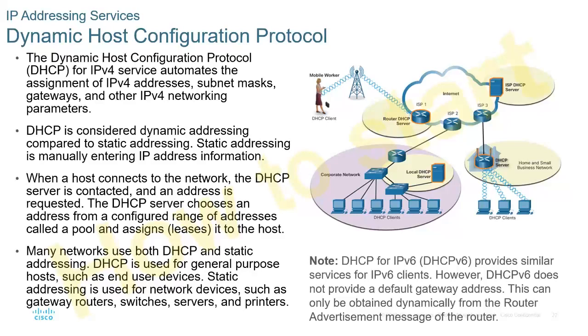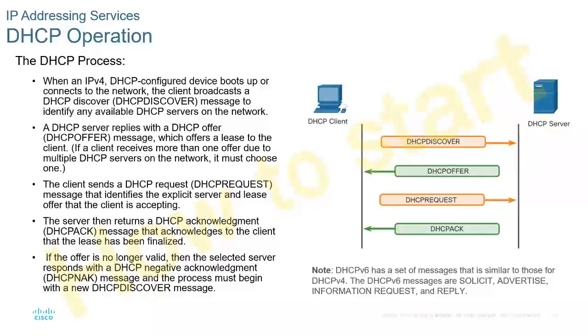So how does DHCP actually function? A computer comes online, what happens? Well, there is a very specific operation. The client will send out a DHCP discovery as a broadcast. The DHCP server should respond with a unicast message, and that's called a DHCP offer. The DHCP client will respond with a DHCP request, also as a broadcast.